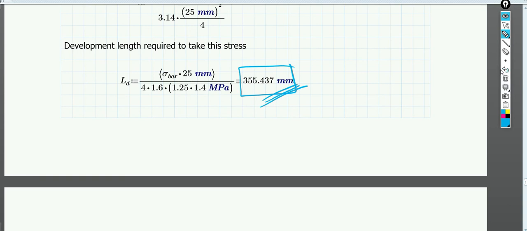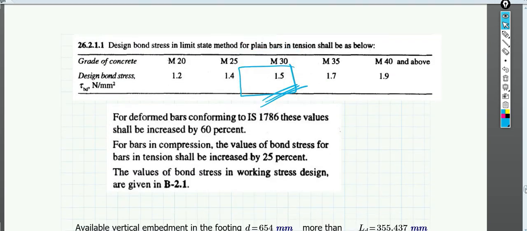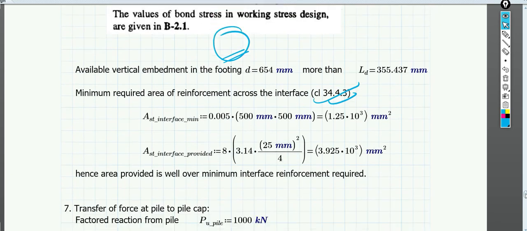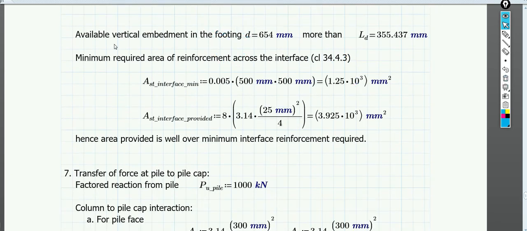So this much length is required, and probably this is already available to us because the actual depth is provided to you, which is here for M25, for the development length criteria. Here you can see the available vertical embedment of the footing is basically the effective depth of the footing.